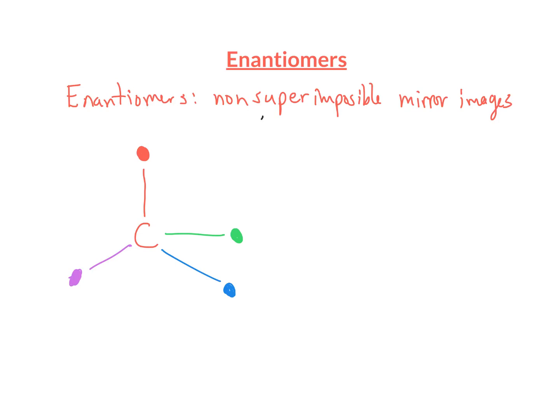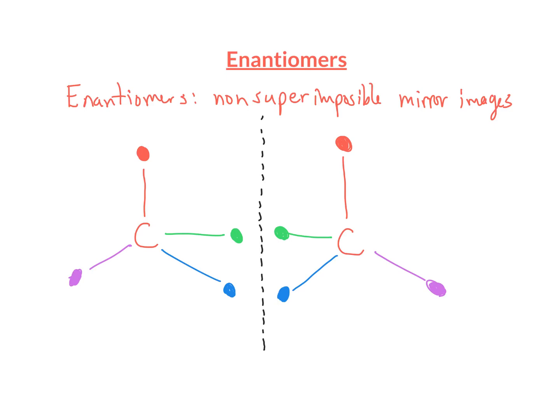So if I were to flip this through a mirror, and redraw this structure, my carbon is still in the center, and here's my first substituent. That's the mirror image of that. But now my blue substituent is over here. My purple substituent would be back here, and my green substituent would be over the front. These are non-superimposable mirror images.